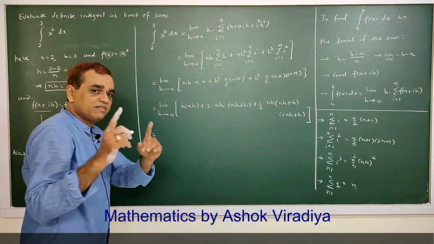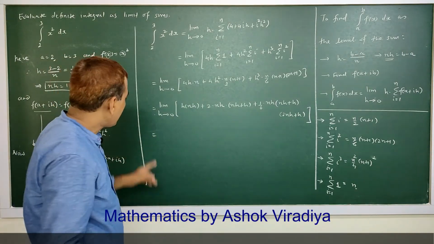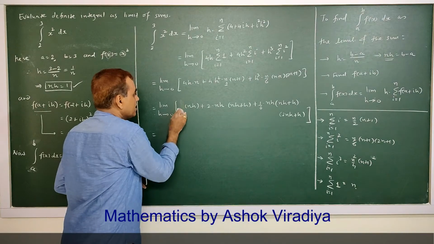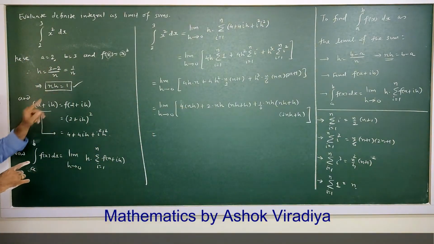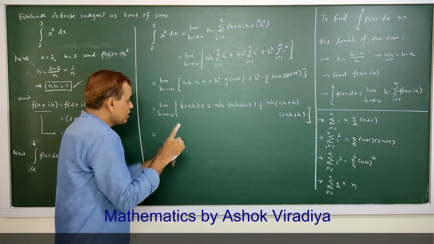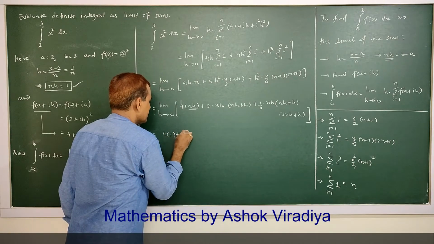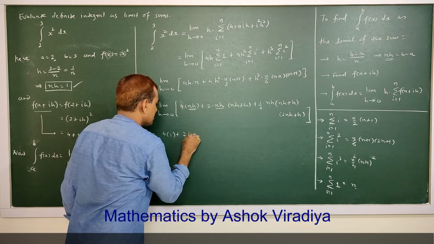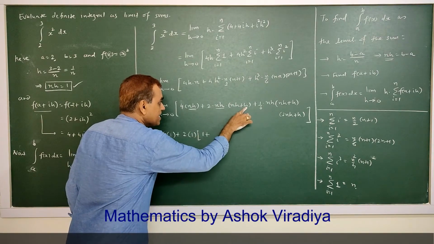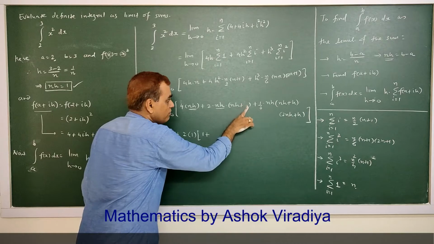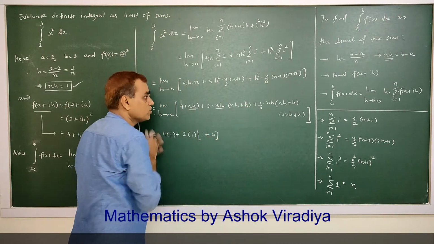Now wherever we find h alone, we keep 0. h alone means 0, but nh is equal to 1. So here I keep nh equal to 1. Wherever you find only h alone, keep 0, as h tends to 0.